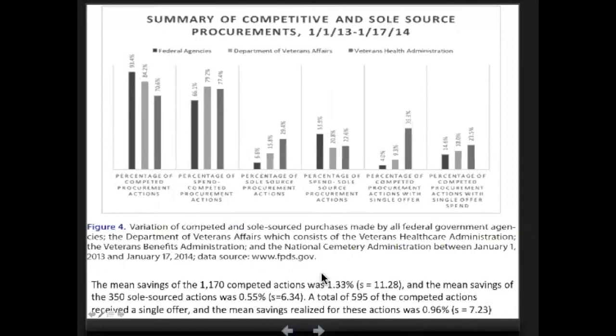They've emphasized that typically when you have more of these sole sourced arrangements, the potential savings are relatively low. The mean saving for these sole sourced actions is 0.55%, versus competed actions, where you have a higher saving of 1.33%.